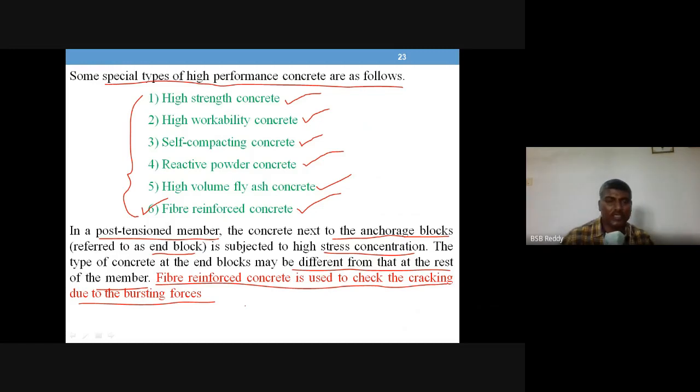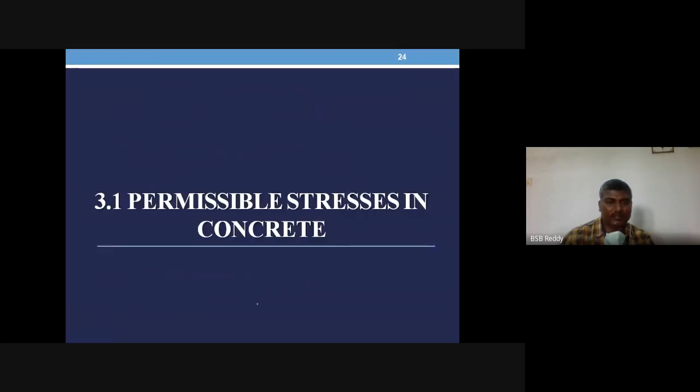Right, hook tension we come across something like that. So that will be to improve the tensile strength, as I was telling, fiber reinforced concrete is the best suited one for the end block preparation. Okay, so this is about high performance concrete, which we'll be using nowadays, right?